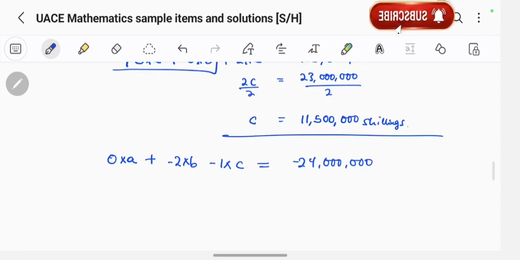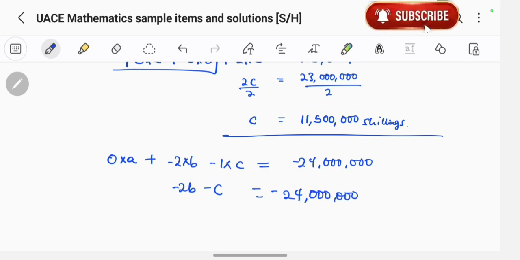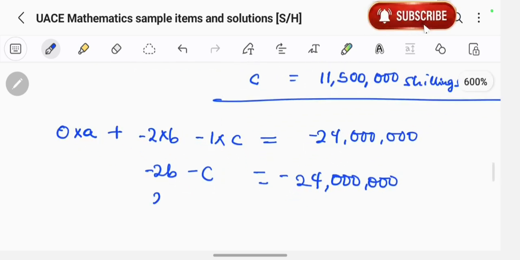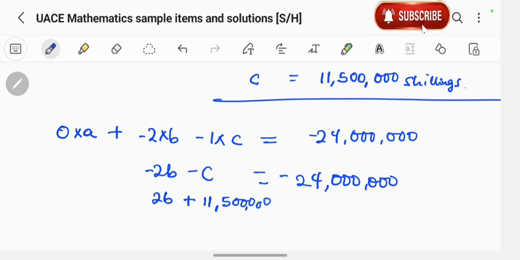So this is going to give us negative 2B minus C equal to 24. So if you multiply through by negative, the whole system becomes positive. So it's 2B plus C. I already know the value of C. I'm going to fill it in like that. So this is equal to 24.